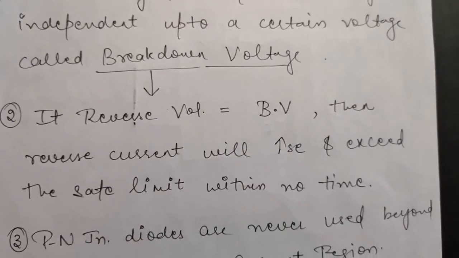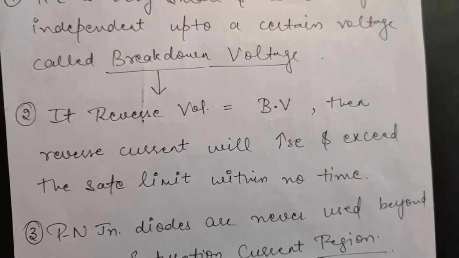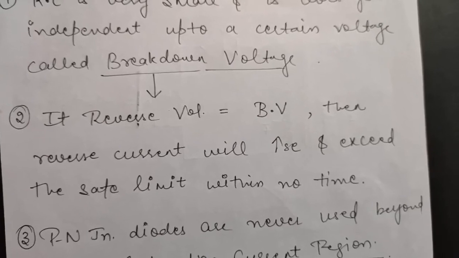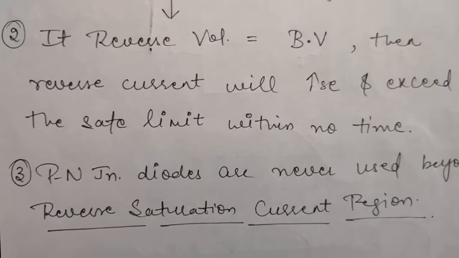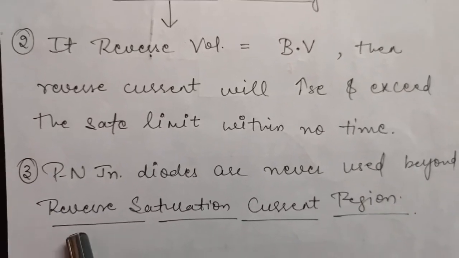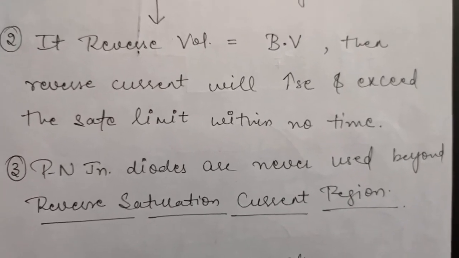At breakdown voltage, your p-n junction will be destroyed due to a very large increase in reverse current. So simple p-n junction diodes are never used beyond the reverse saturation current region, or beyond the breakdown voltage.